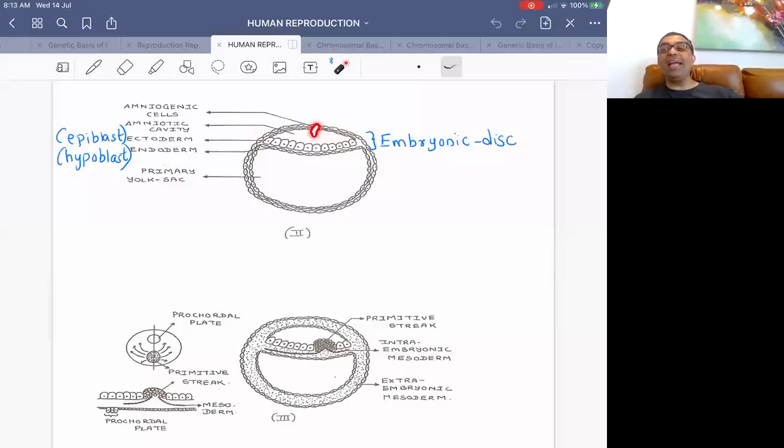So this amniotic cavity is formed. And now the trophoblast cells, I hope you remember, this outer layer of cells is called trophoblast.